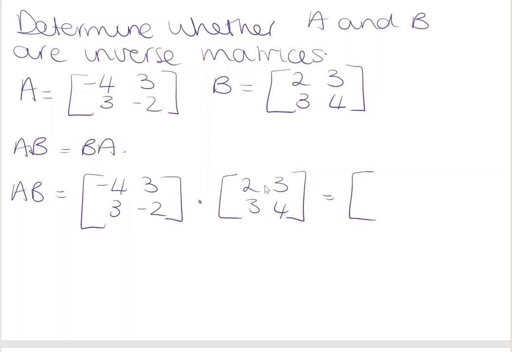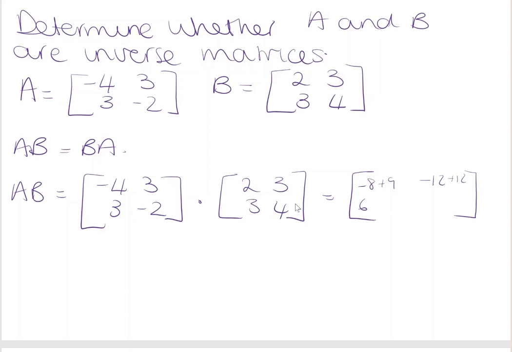So minus 4 times 2, so that's minus 8. 3 times 3 is 9, so plus 9. And minus 4 times 3, so that's minus 12. And 3 times 4 is plus 12. 3 times 2 is 6.